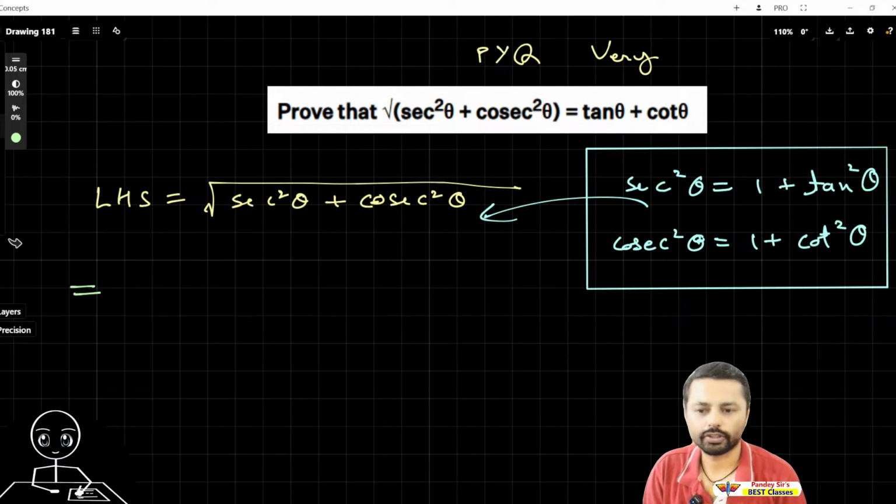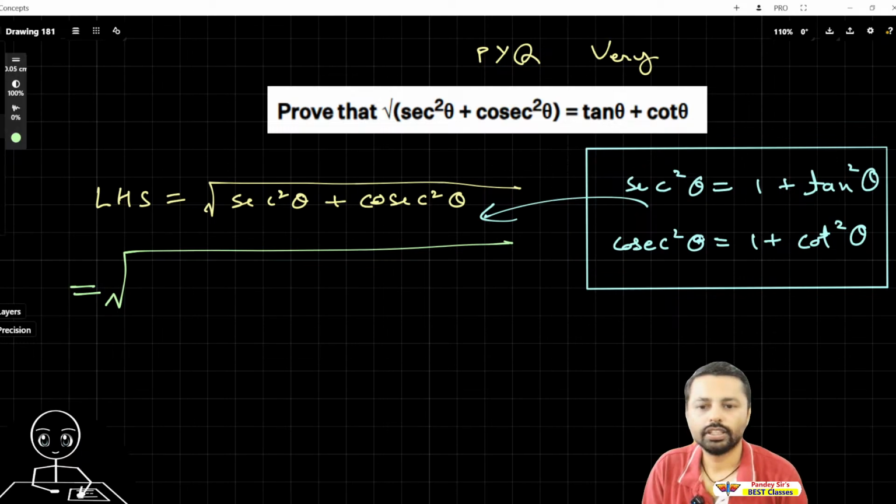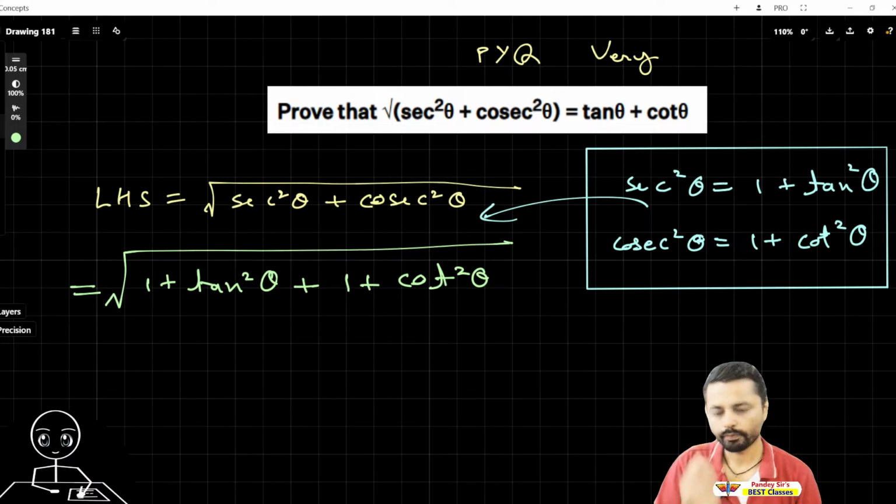I'm not going to write it out fully every time. One time I'll write, but after this I won't write directly. Instead of sec²θ, we'll get 1 plus tan²θ, plus cosec²θ will be 1 plus cot²θ.